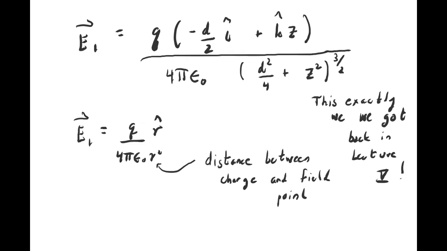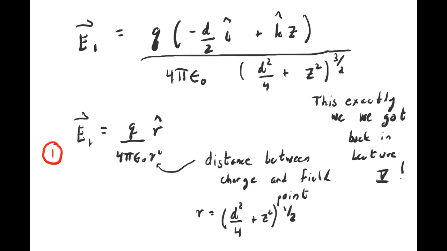So even though we got off the beaten path and incorrectly used this formula for the electric field, which is only true if the charge were at the origin, we saved ourselves by using for r the distance between the charge and the field point. And in this example, that's just d squared over 4 plus z squared all to the 1/2 power. Okay.